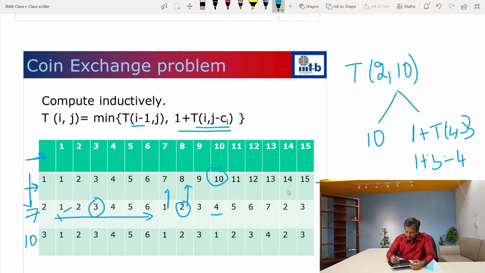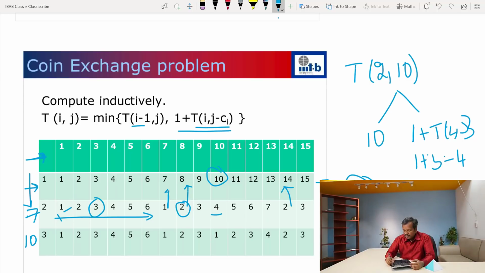Similarly, when I come to 14, this is where things will change. If I have to pay for 14, there are two options. Either I don't use the second coin, in which case the number of coins I have to use is 14. If I use the second coin, I have used one coin, then I have to pay for 7, because 14 minus 7 is 7.